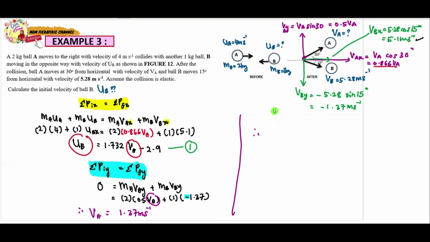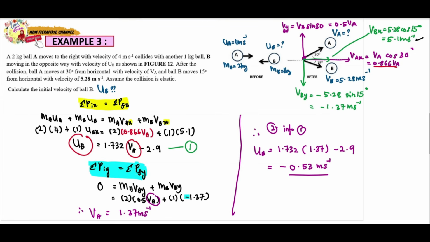Therefore, okay, we substitute equation 2 into equation 1. Alright. So, UB is equal to 1.732. Okay, so let's substitute the value of VA, which is 1.37, minus 2.9. Okay, so UB, you akan dapat negative 0.53 meters per second.